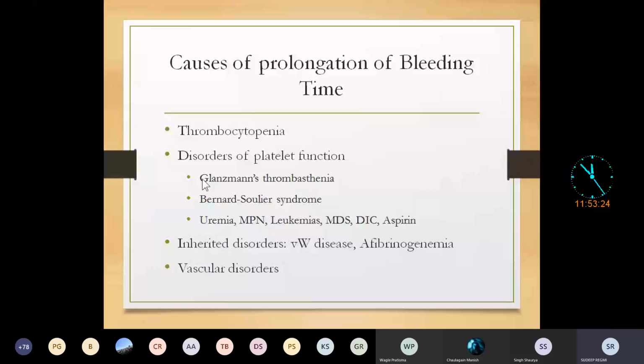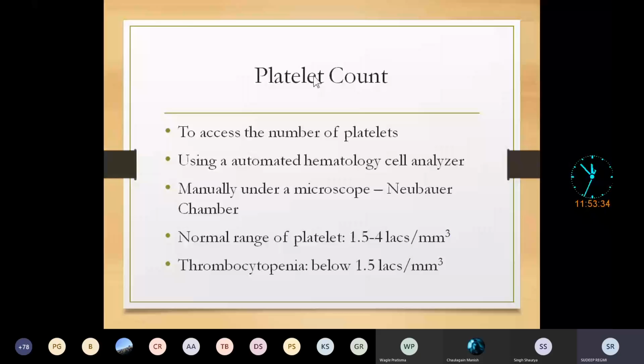Okay, so first and foremost, we go with the platelet count to assess the number of the platelets, using either an automated hematology cell analyzer in larger centers, whereas we can manually see under a microscope using a Neubauer chamber.